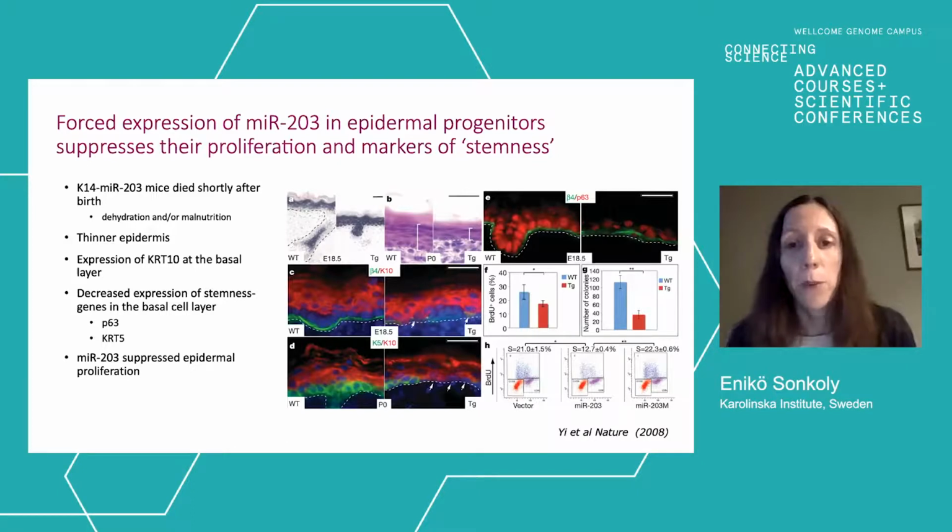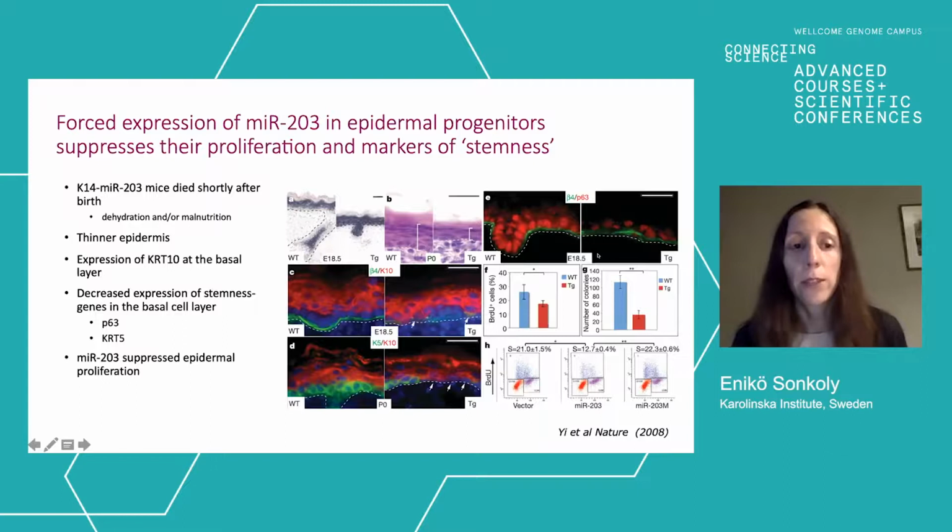And the result was a thinner epidermis, and also the early expression of differentiation markers such as K10 already in the basal layer where it shouldn't be. So the cells started to differentiate earlier than they should. And at the same time, the expression of stem cell markers such as P63 was decreased.